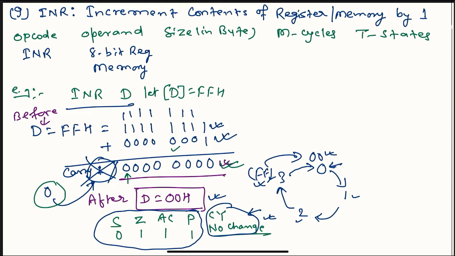Now, if we talk about the size in bytes, this INR D instruction has only the mnemonic, there is no 8-bit immediate data. So it is only 1 byte in size. The machine cycle will be only 1, because the D register and incrementer, this addition operation, all these things happen inside the processor.